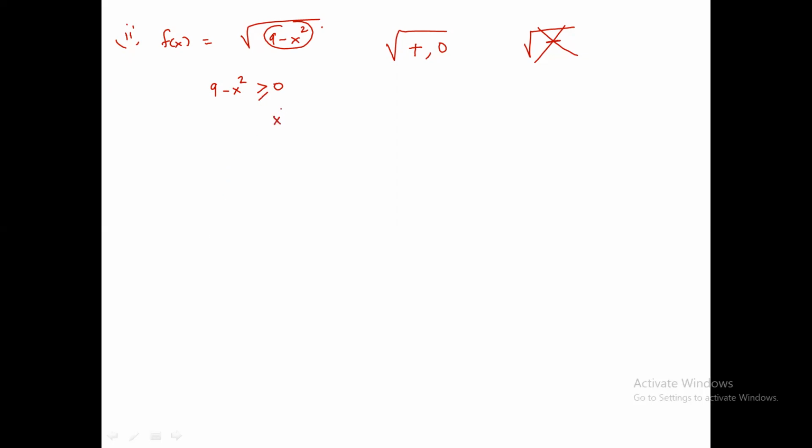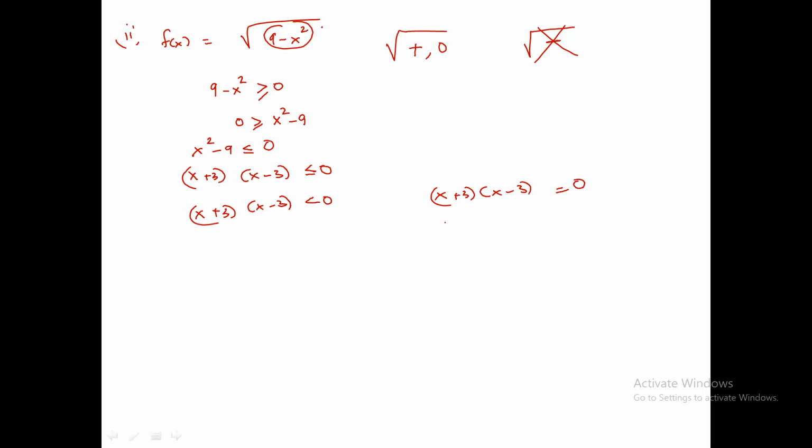That means x squared minus 9 should be less than or equal to 0. Or x plus 3 into x minus 3 less than or equal to 0. That means x plus 3 into x minus 3 can be less than 0, or can be equal to 0.